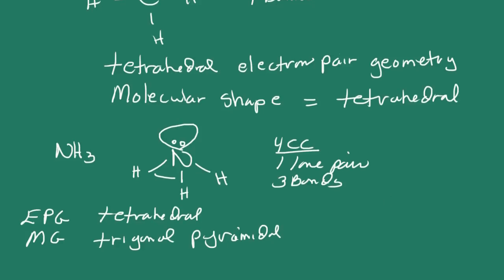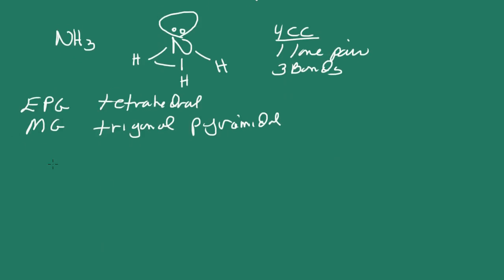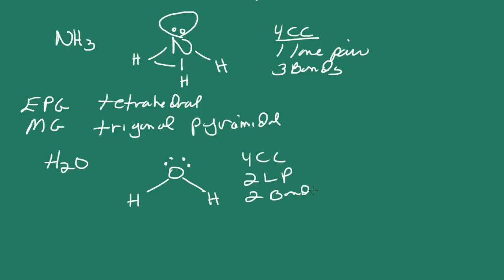Now let's take a look at water, and we can draw the Lewis structure for water. And what we have is something like this. Sorry, my drawings are not great. Remember, we have the 2 lone pairs on the water. Now, again, here we have the 4 charge clouds, 2 lone pairs, and 2 bonds. Okay, so now we have these two lone pairs of electrons, and again we have a tetrahedral electron pair geometry.